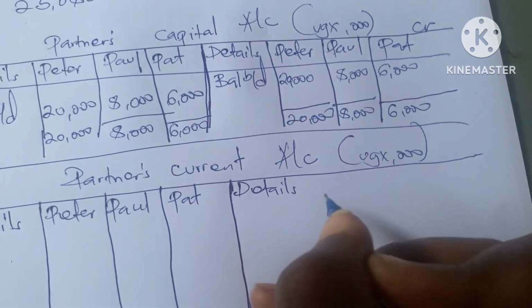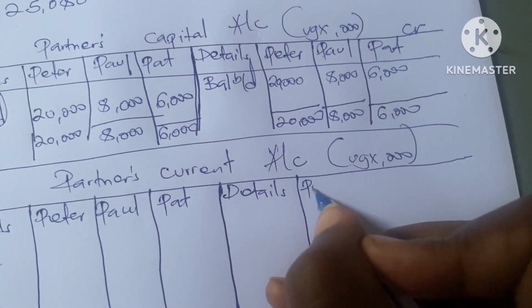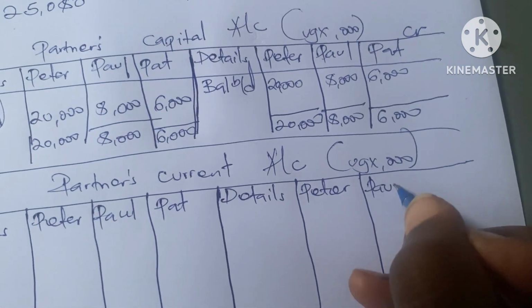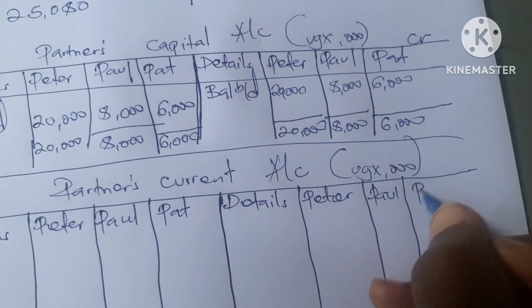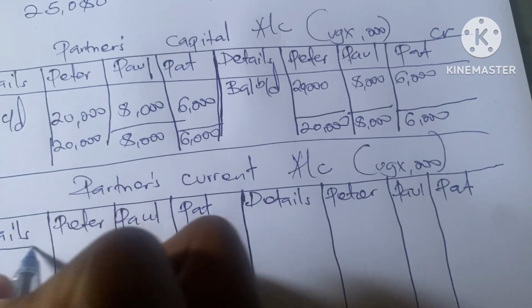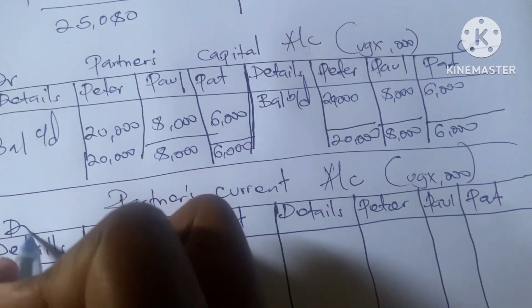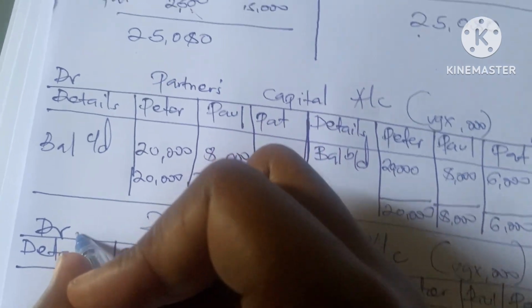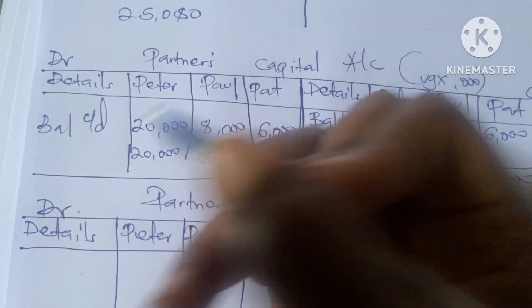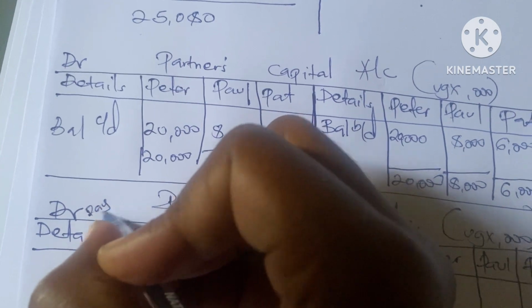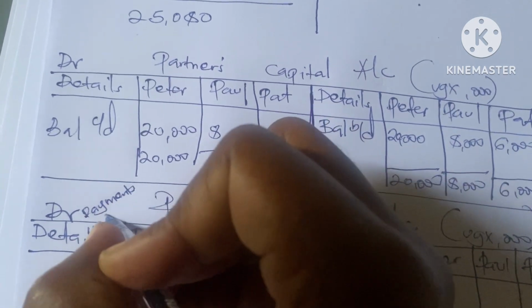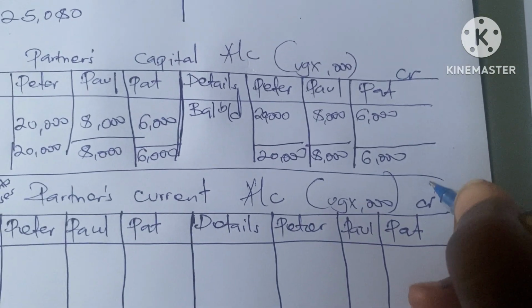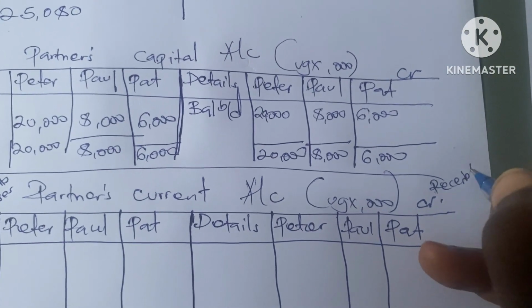Details, Peter, Paul, Pat. Debit, then credit. We said for the current account, the debit records any payments made by the partners or losses. Then the credit side records any receipts by the partners or income.